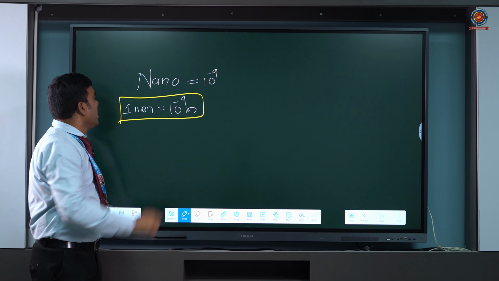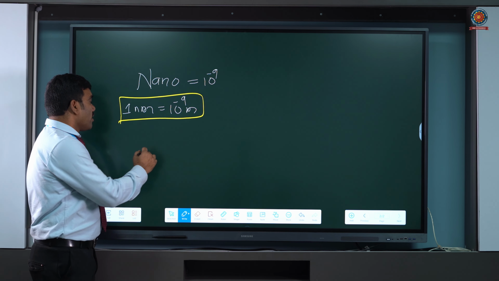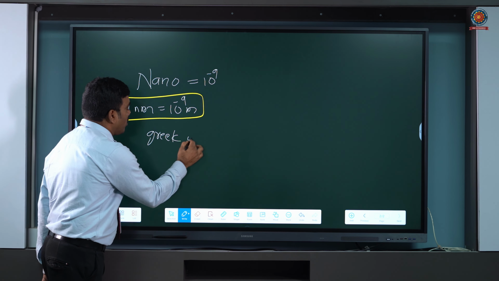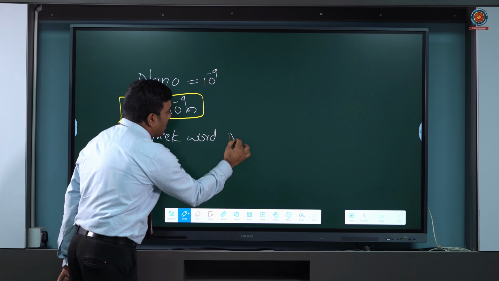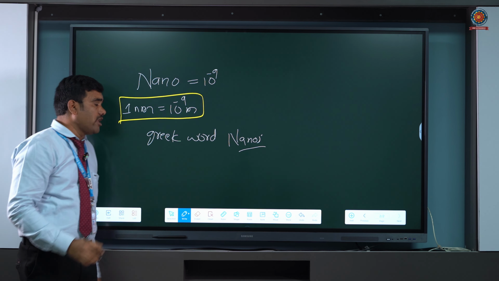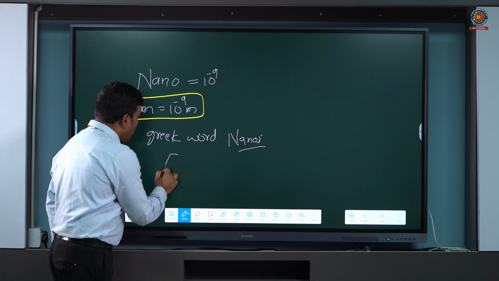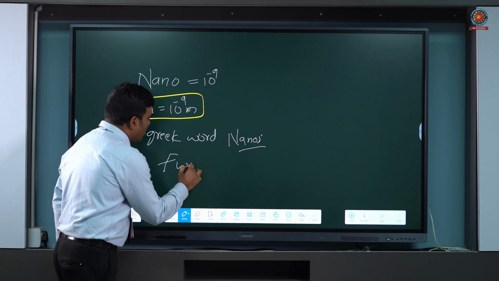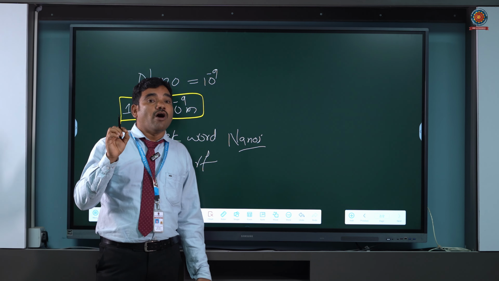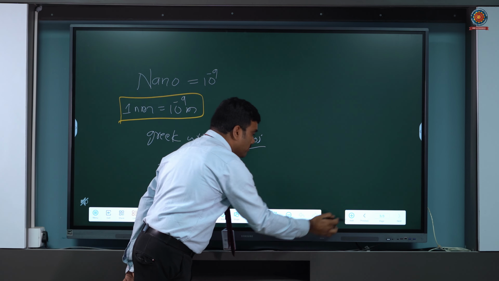The prefix nano comes from the Greek word nanos, which means dwarf, that is, a small piece.